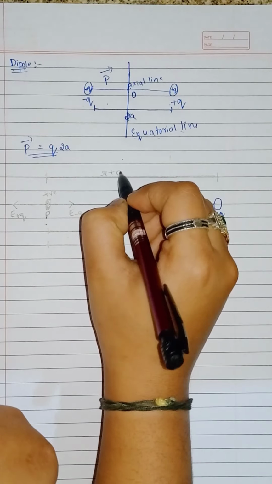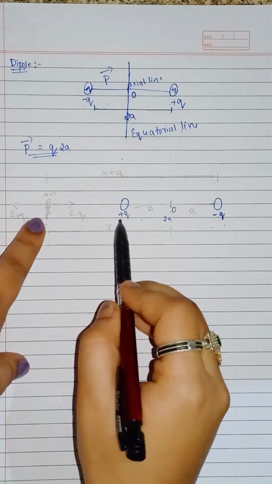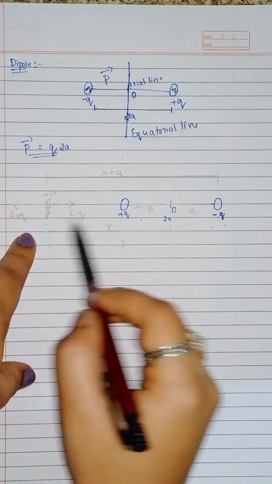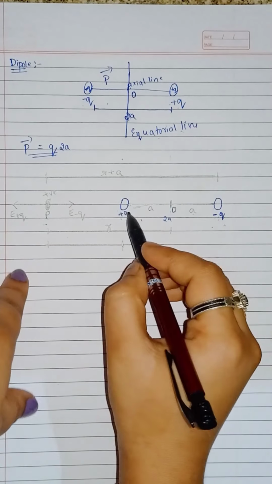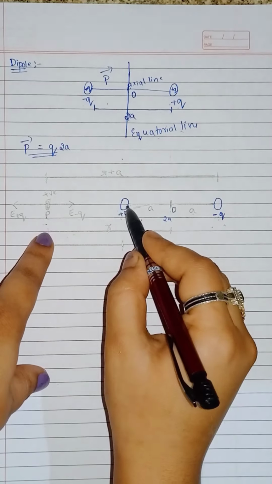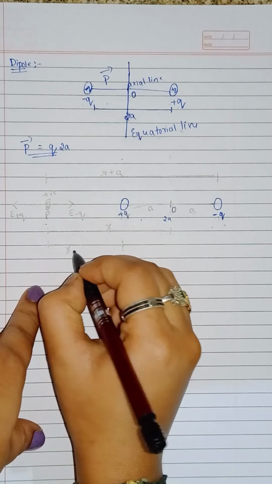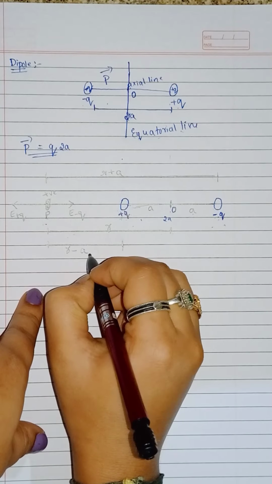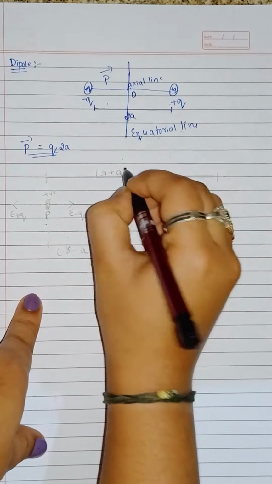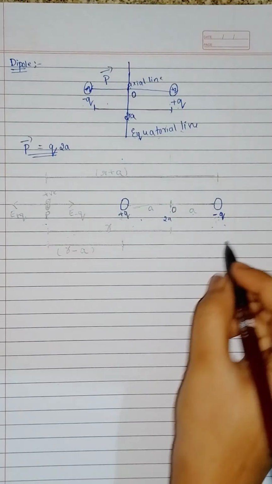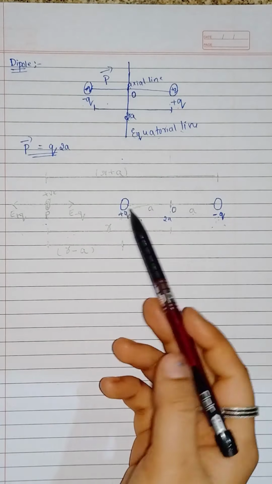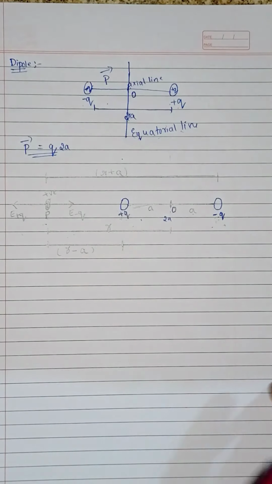Next, from point P to the positive charge: the total is r, and from positive q to the origin is a, so point P to positive q is r minus a. Now we know the distances between P and minus q, P and plus q, and P and O.